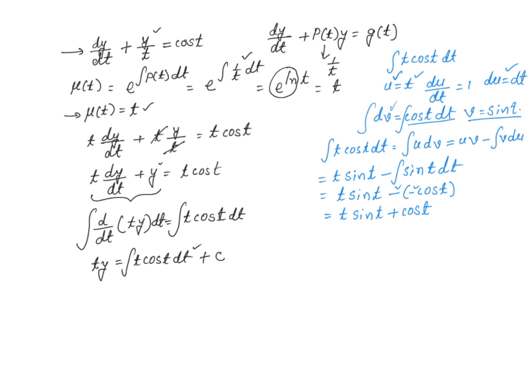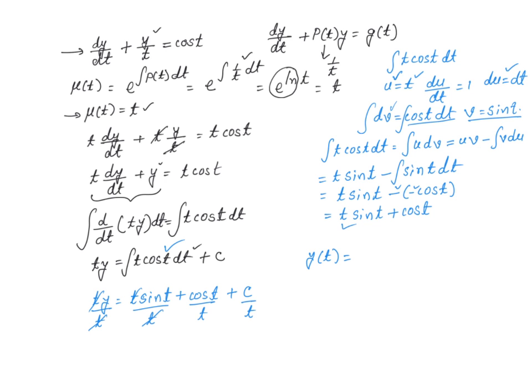And I'm just going to go ahead and take this value and plug it in right here. So that's going to give me ty is equal to t sine of t plus cosine of t plus some arbitrary constant c. Now divide both sides by t, assuming that t is not 0. On the left side the t cancels out, that gives me y of t, or just y.